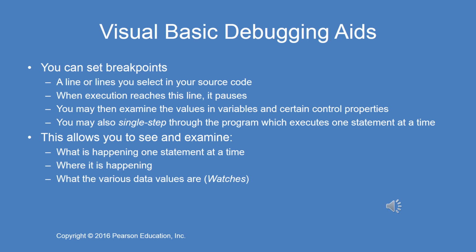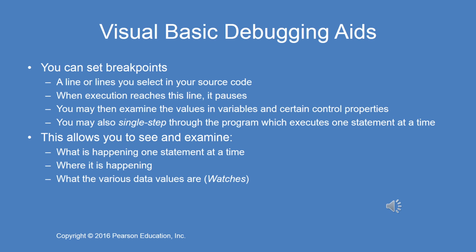I love breakpoints. A breakpoint is a point in the program. You select it in your source code, you insert a breakpoint, and when execution reaches this line, it pauses. And in the variables window, you can examine the value, a snapshot view of all of your variables and certain control properties. And you can also single step through the program, which executes one statement at a time.